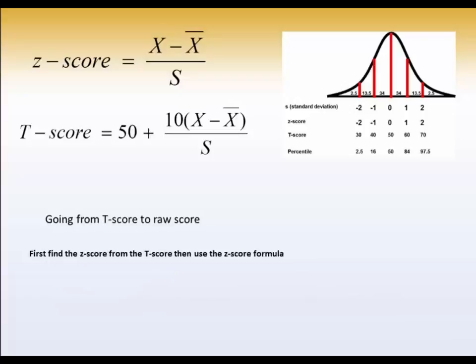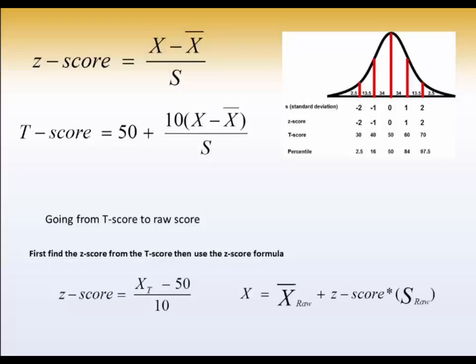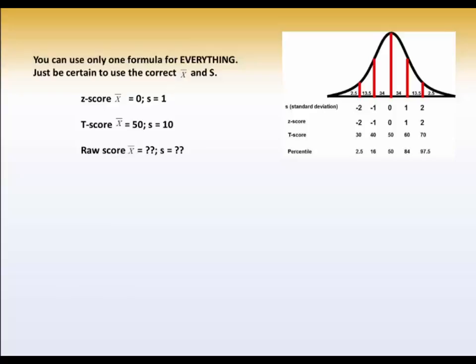If you're going to go from t-scores to raw scores, first find the z-score from the t-score and then use the z-score formula. Notice again the t-score and the raw score formulas are staying with us through all of these examples. You can use one formula if you'd like to, as long as you keep in mind what the mean and the standard deviation are. You have a mean for the raw scores and a standard deviation for the raw scores.